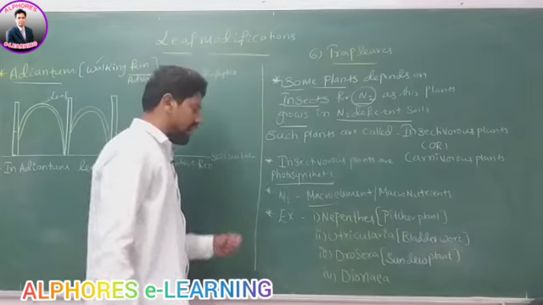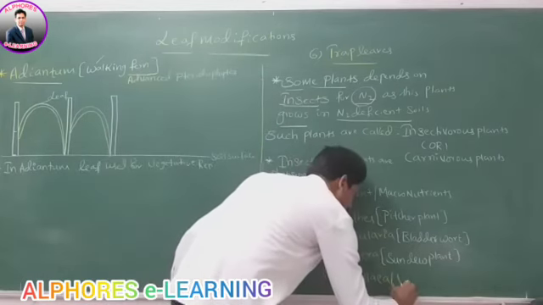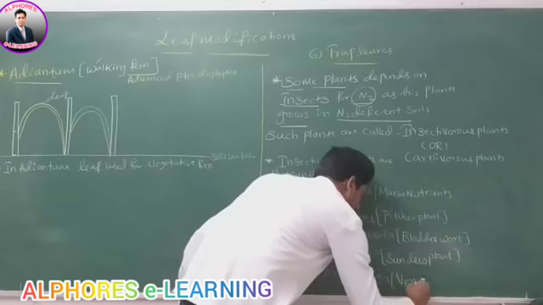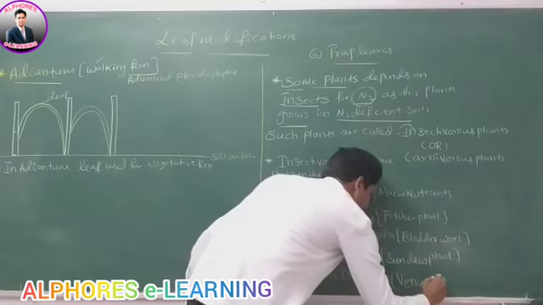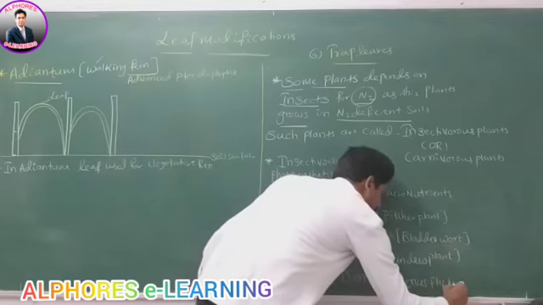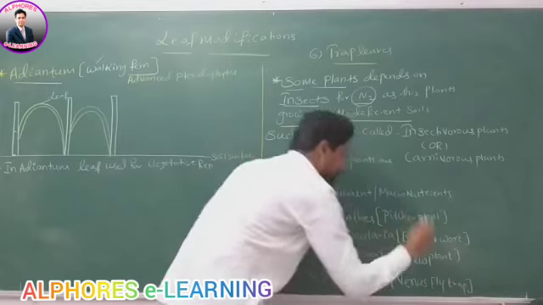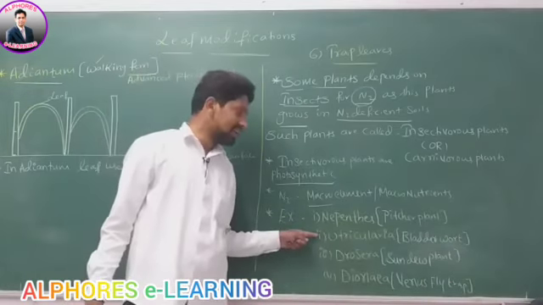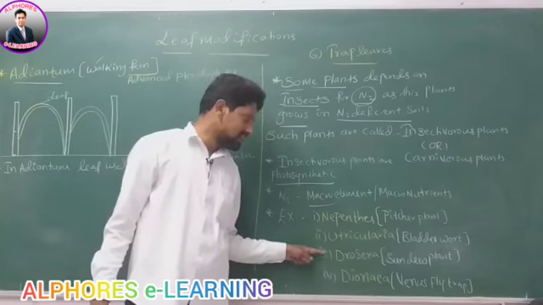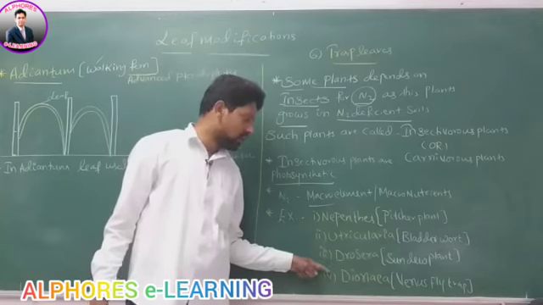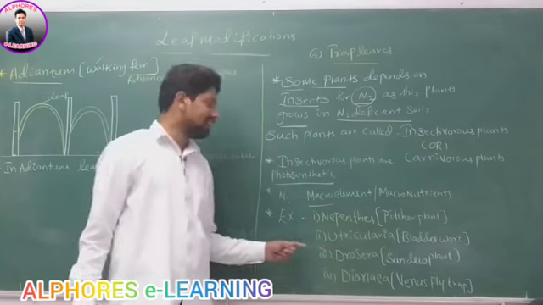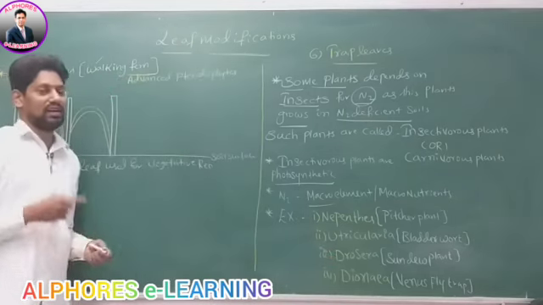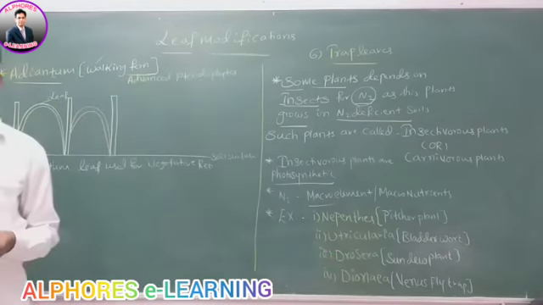Whereas Dionaea, common name is Venus flytrap. Therefore, Nepenthes, pitcher plant, Utricularia, bladderwort, Drosera, sundew plant, Dionaea, Venus flytrap. All these are examples for insectivorous plants or carnivorous plants.